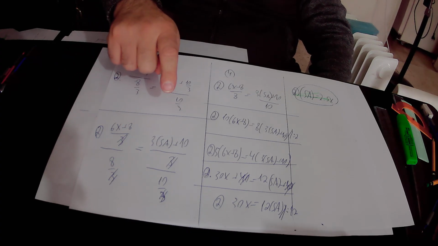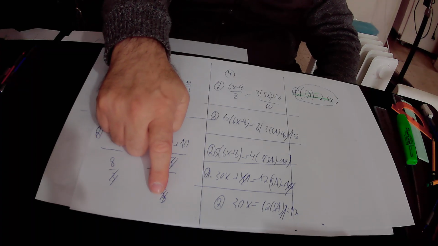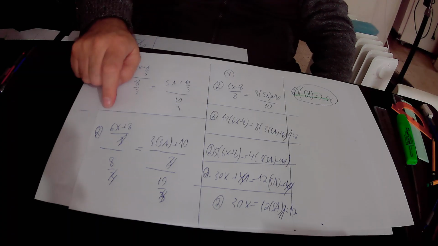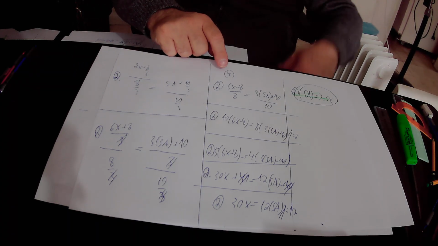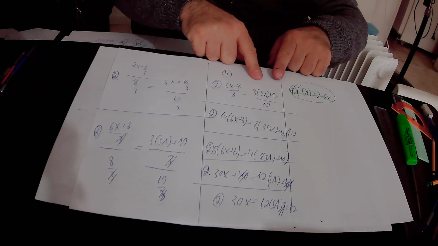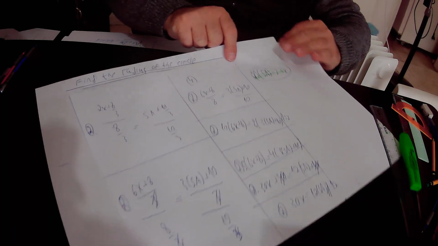On the other side of the equation we also have 3 in the numerator and 3 in the denominator, so 3 will cancel. So what is left from this equation after we cancel 3 on both sides? What is left is (6x plus 8) over 8 equals (3SA plus 10) over 10.